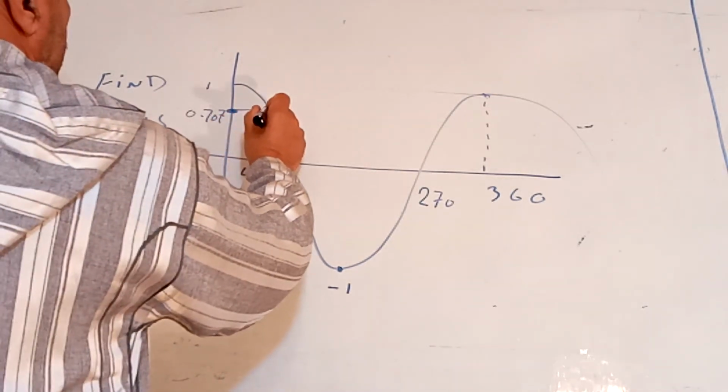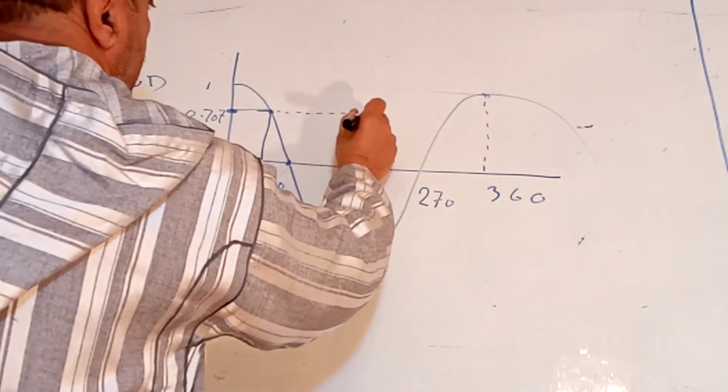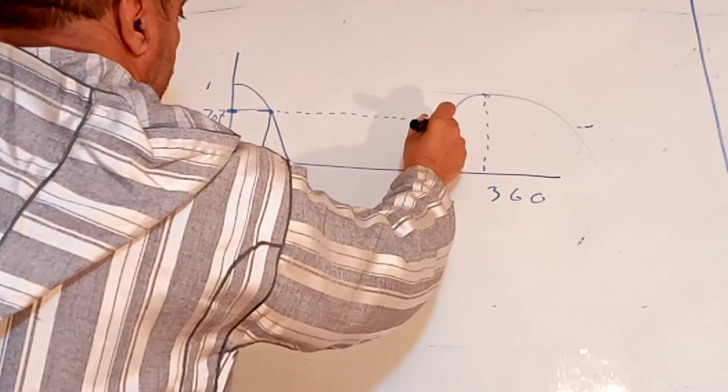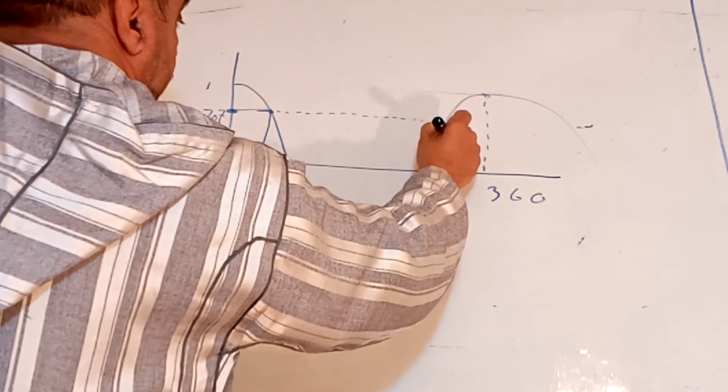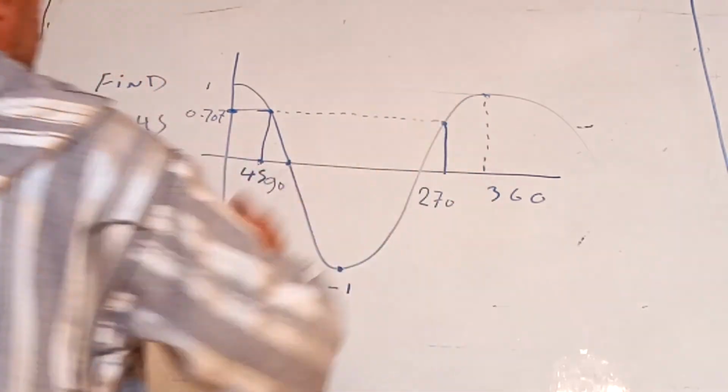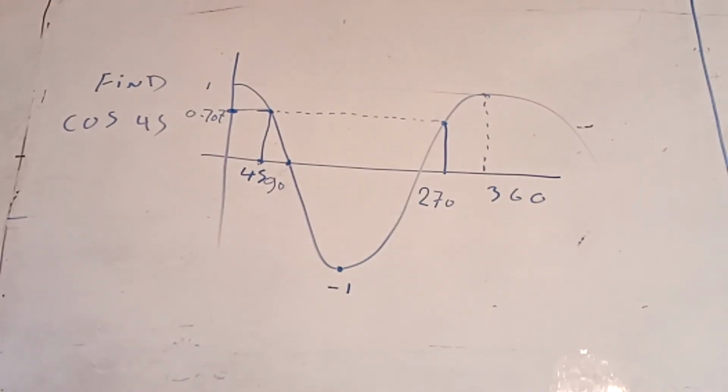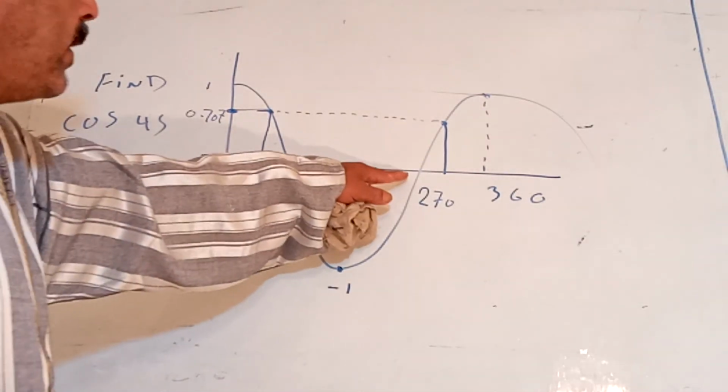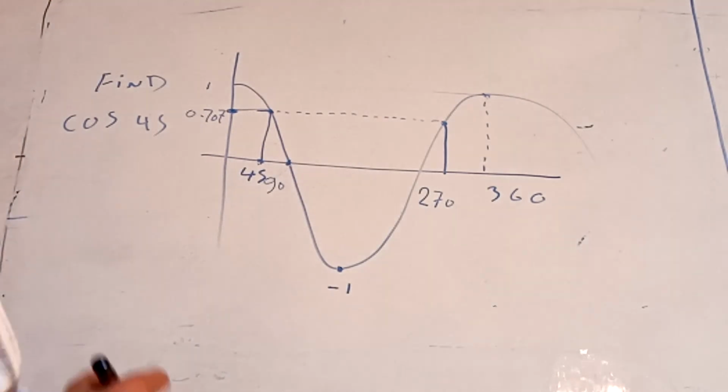Alright, let's see this point. It will be similar to this point here, that's 0.707. What's this angle here? This is 270. So the angle here will be 270 plus 45, which is 315.